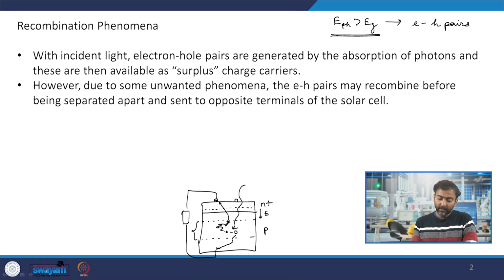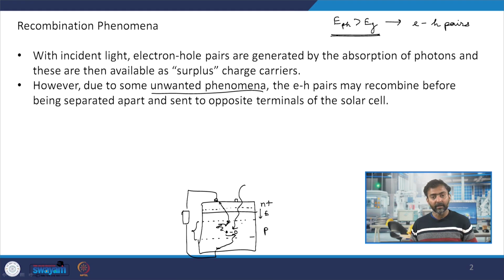However, there is this undesirable phenomenon in which, once you have created the electron hole pair, instead of taking the path to the external circuit, the electron comes and sits back in the vacancy, the hole. That is recombination.